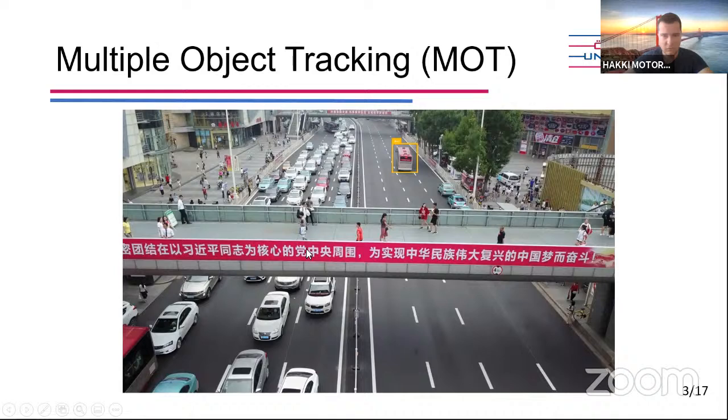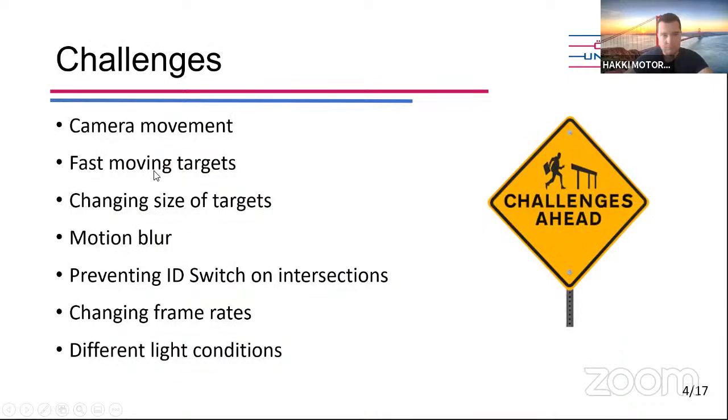So what are the challenges? Since we are using aerial footage, the camera is moving, and that can cause fast-moving targets. Target sizes are changing in the same trajectory. Motion blur can happen. And some intersection between objects can result in an ID switch, and frame rates are changing.